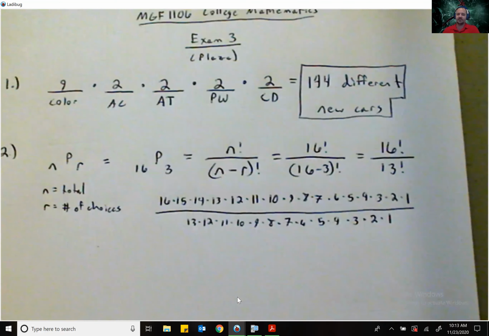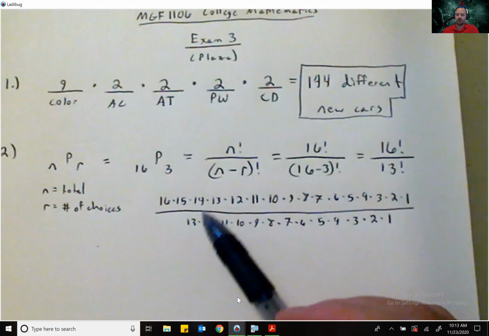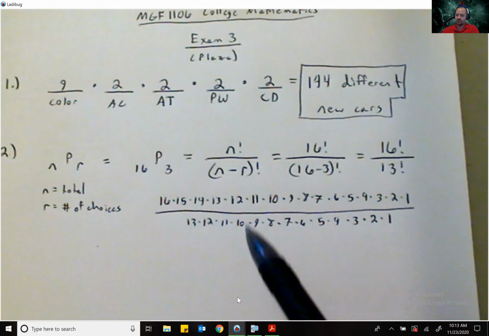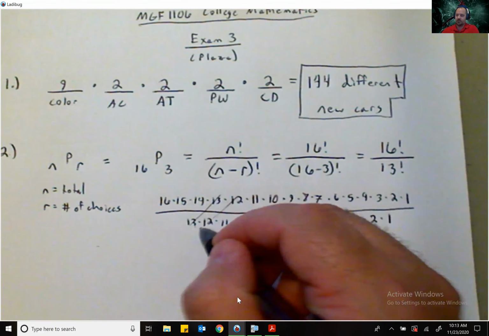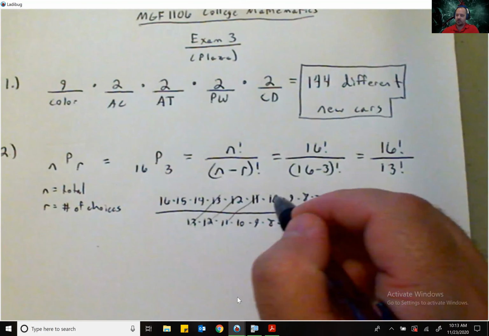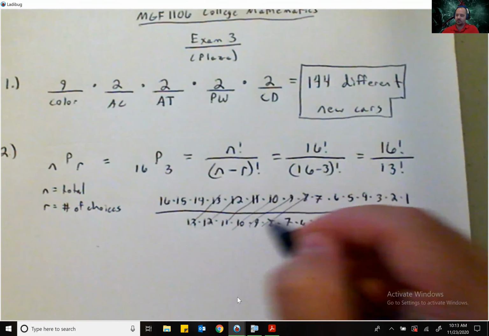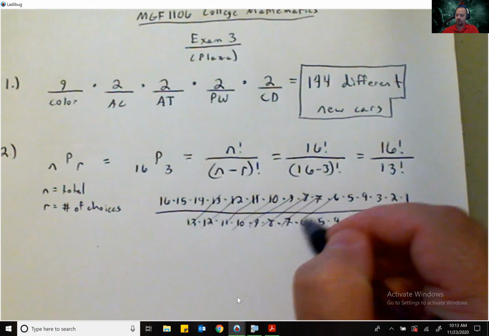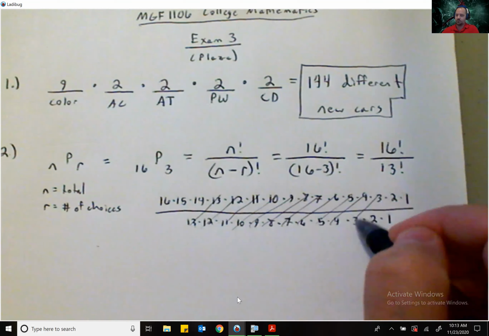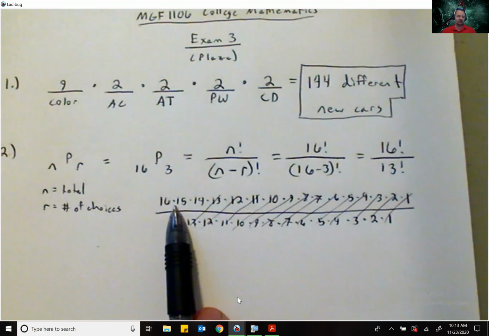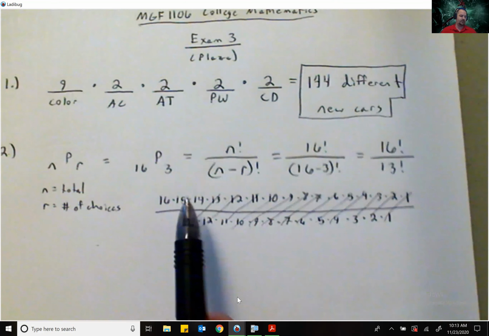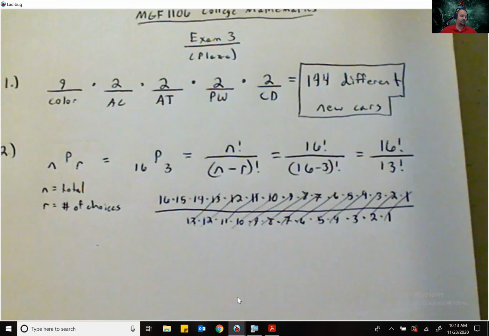If you remember some basic algebra skills, numbers that are the same on top and bottom cancel each other out. So these 13s go away, so do the 12s, the 11s, the 10s, the 9s, the 8s, the 7s, the 6, the 5, the 4, the 3, the 2, and the 1. Really all you have left is 16 times 15 times 14. That's what's really going on.